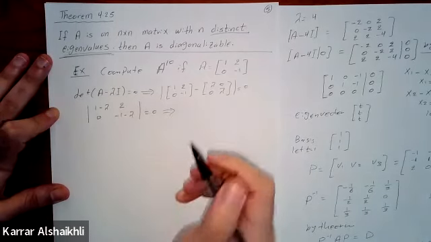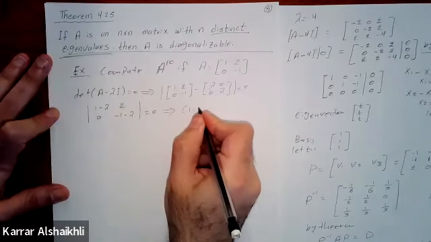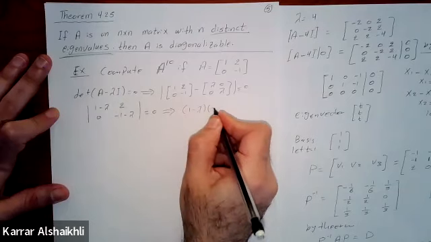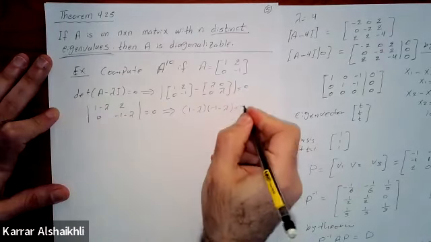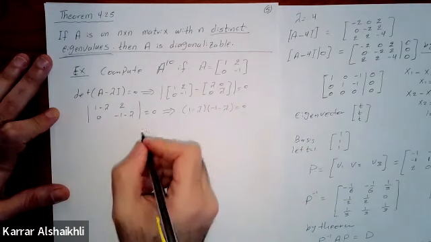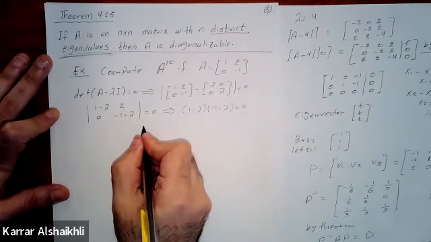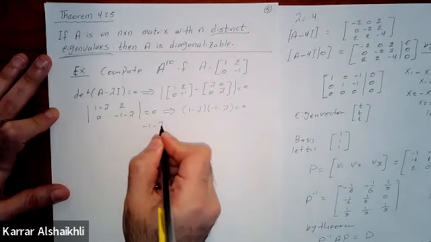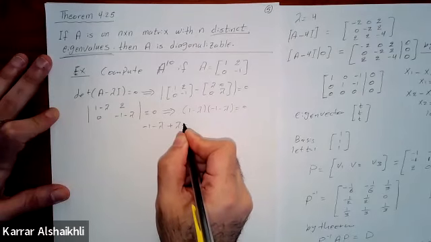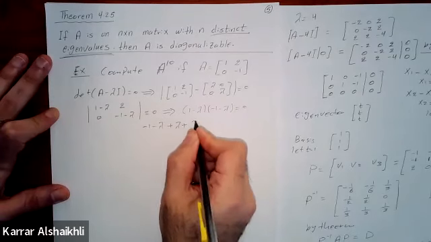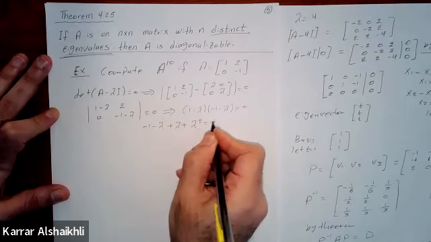That means it's going to be 1 minus lambda times -1 minus lambda equals 0. Here is going to be 1, -1 minus lambda plus lambda plus lambda squared equals 0.